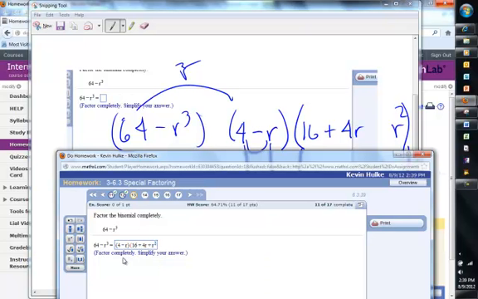Now, the problem with trying to do that one on your calculator is you would do mode 5, and it's actually a cube, so go 4, mode 5, 4. And A is 64, B is 0, C is 0, and D is minus 1.